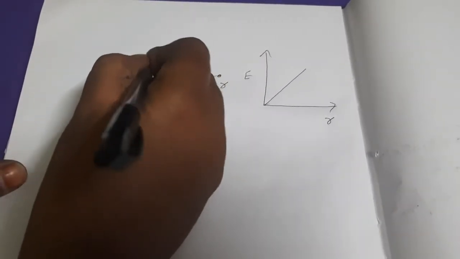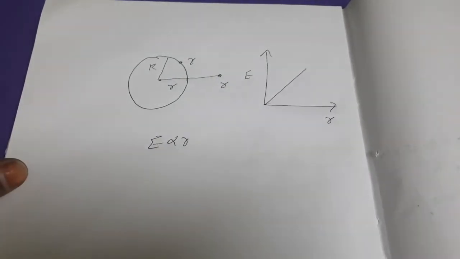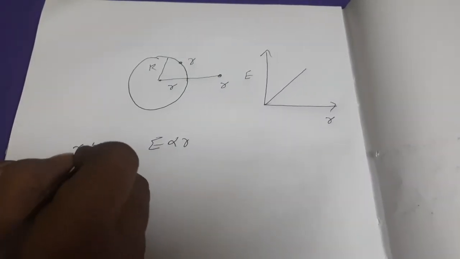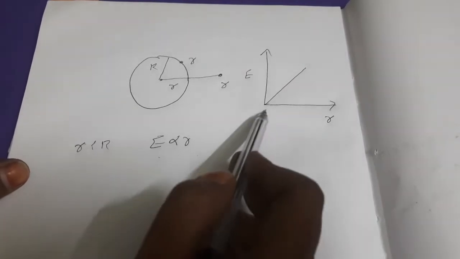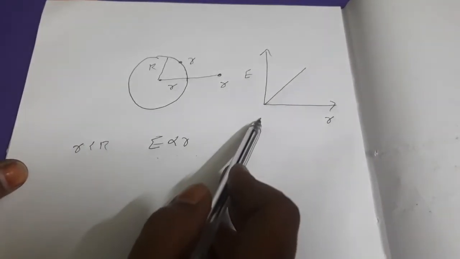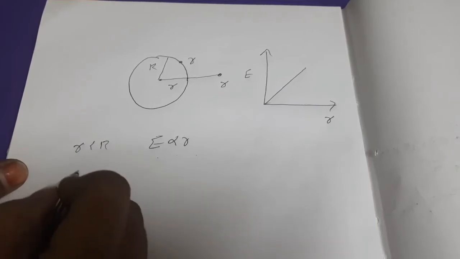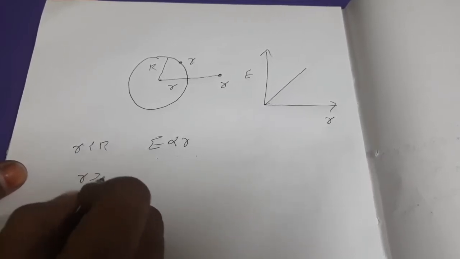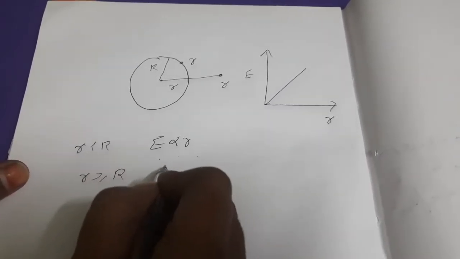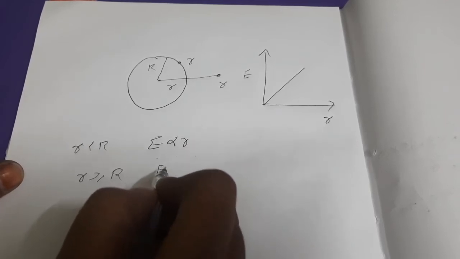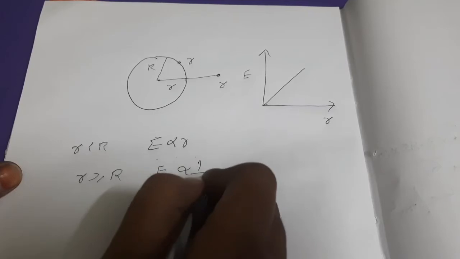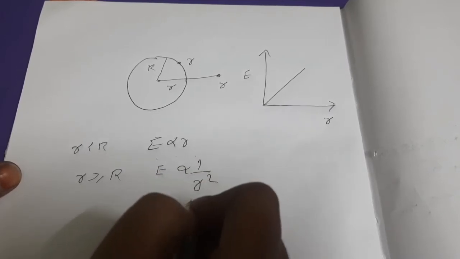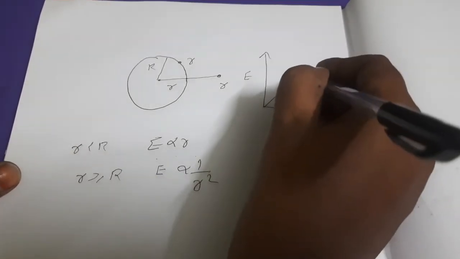Capital R is the radius, small r is the distance. If r is less than R, the intensity is directly proportional to r. So you get a graph like a straight line passing through the origin. Then the second condition, if r is greater than or equal to R, then what is that relation? E is inversely proportional to r square. Inversely proportional to r square means we can get a curve like this.